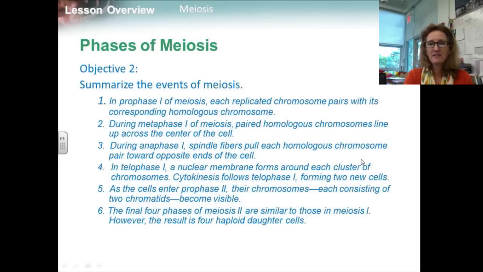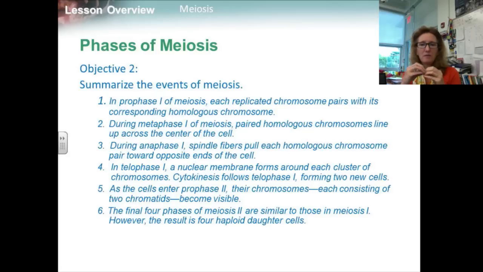So let's summarize the events of meiosis. In prophase I of meiosis, each replicated chromosome pairs with its corresponding homologous chromosome. During metaphase I, paired homologous chromosomes line up across the center of the cell. And during anaphase I, spindle fibers pull each of those paired homologous chromosomes toward opposite ends of the cell. In telophase I, a nuclear envelope forms around each cluster of the chromosomes.